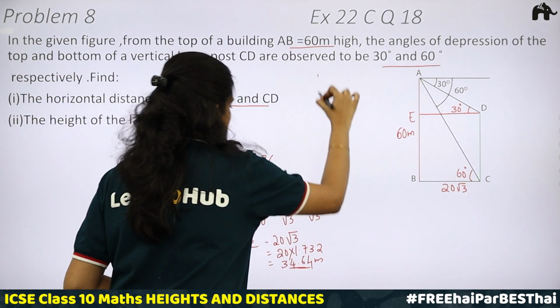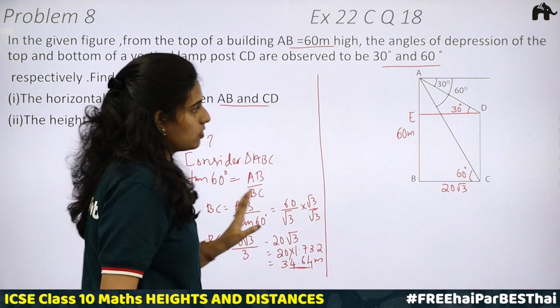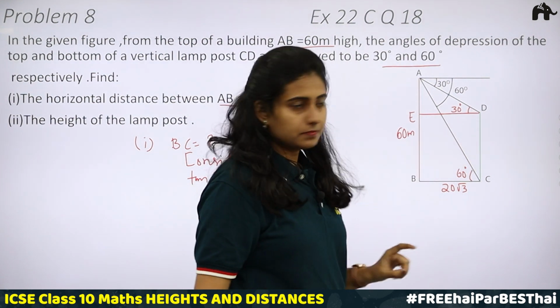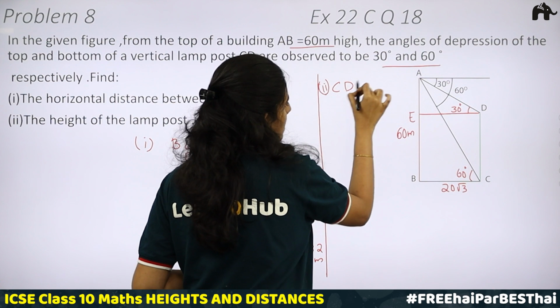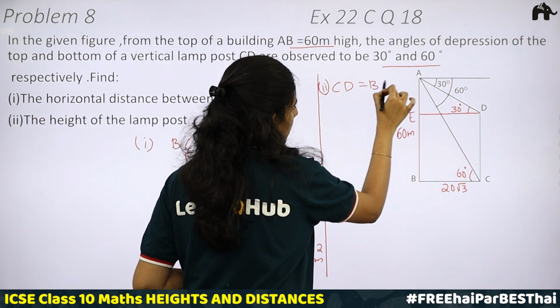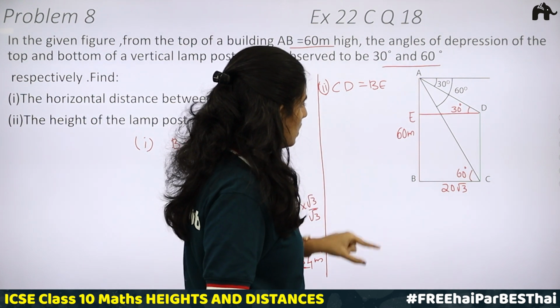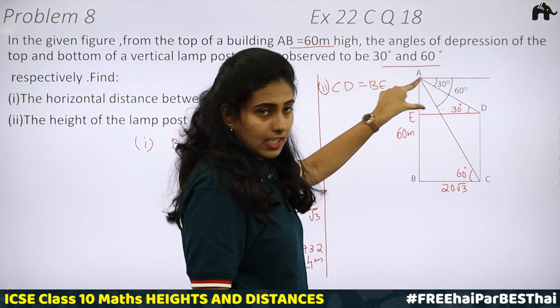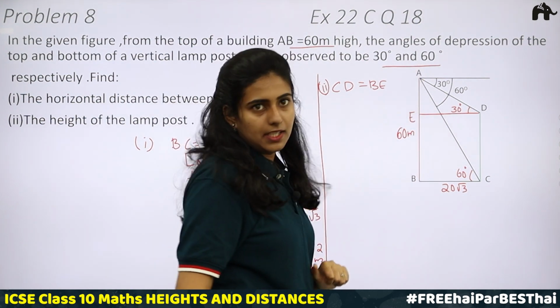Next, this is the first part. Second part, we have to find the height of the lamp post. We have to find CD. CD is equal to BE. How to find BE? We have AB is equal to 60 meters, and if we are able to find AE, then subtracting AE from AB will give us BE.